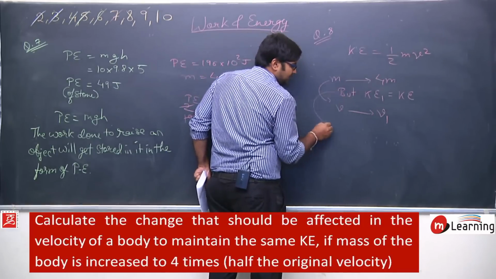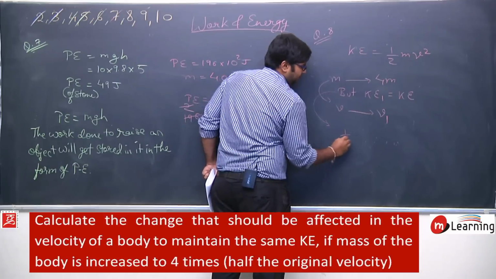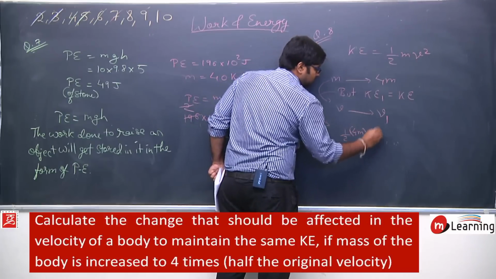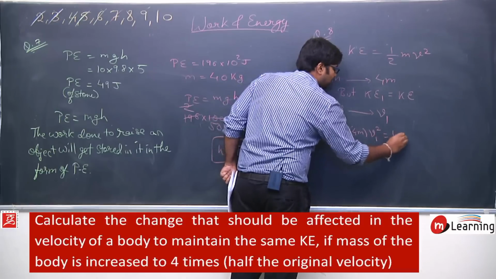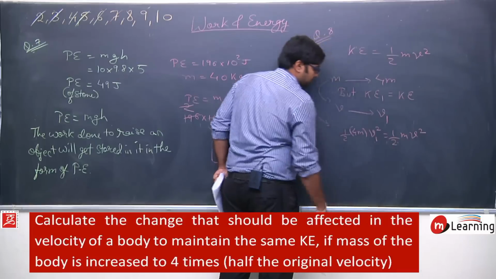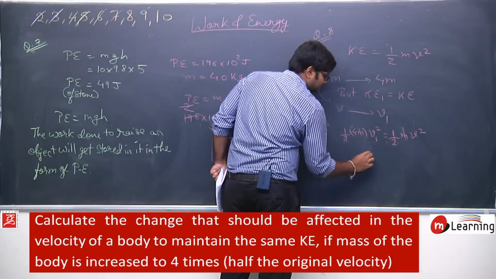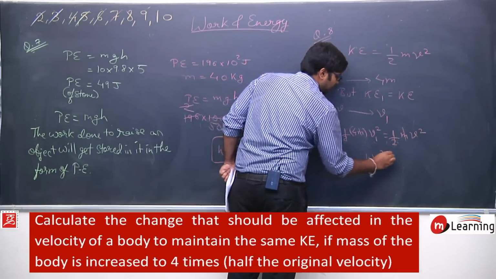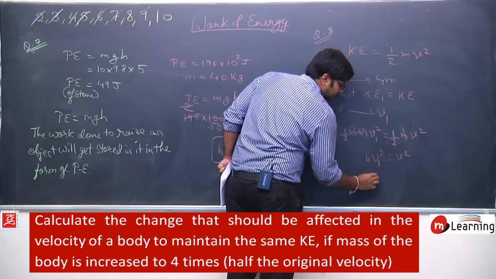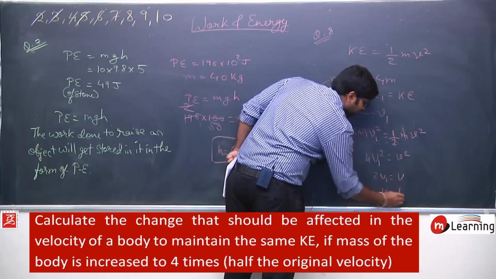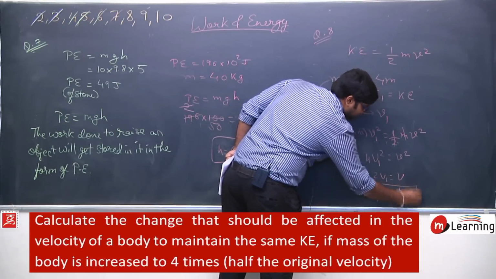So by applying this relation, we can see that half into 4m into v1 square is equal to half into m into v square. So half and half will get cancelled, m and m will get cancelled. 4 v1 square is equal to v square. So 2 v1 is equal to v, that is v1 is equal to 1 upon 2 of the velocity.